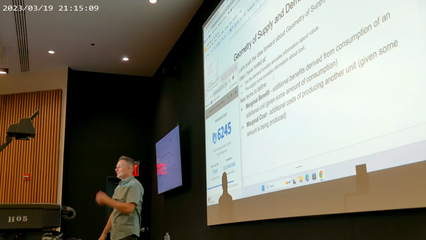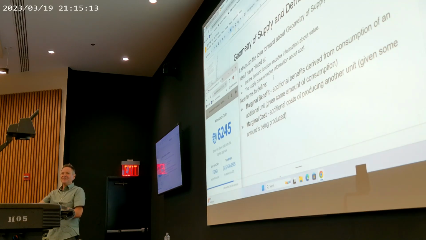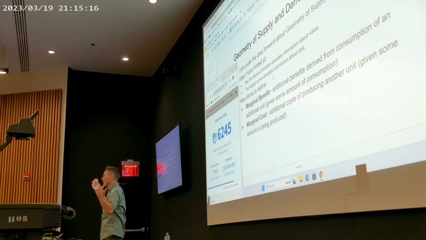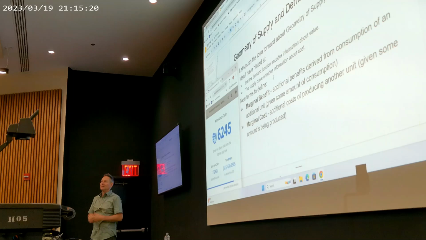Given X, how much does X plus 1 cost? So I like having our own word for this, marginal, because I'm hoping you'll associate it with the idea that you're starting at a point and then adding a little bit more and thinking about how your costs or your benefits change.